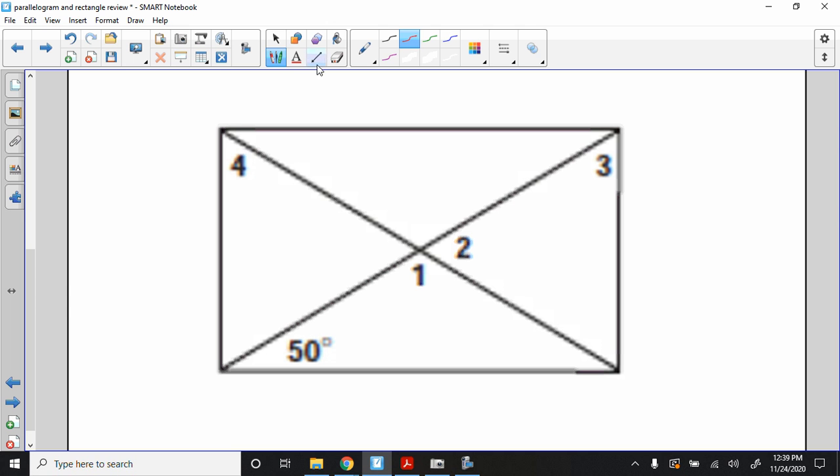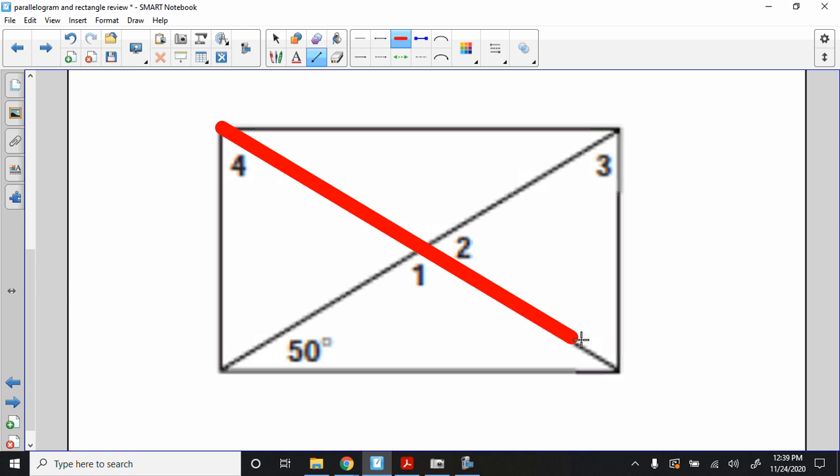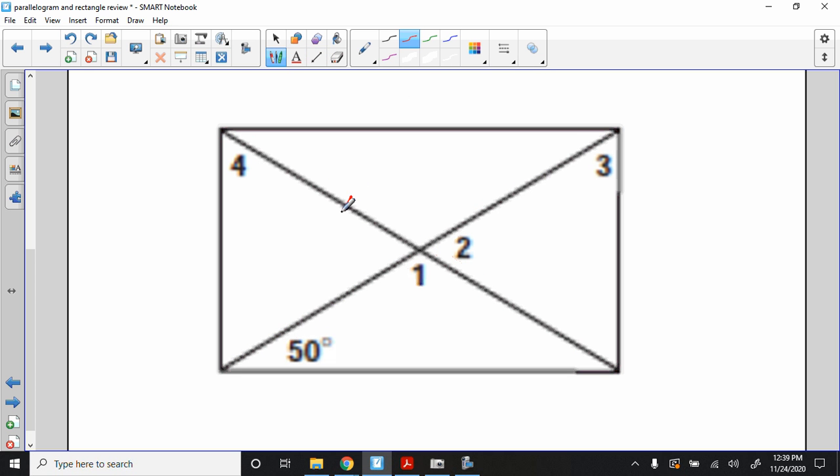All right, now I want you to know this. The diagonals in a rectangle are equal and cut each other in half. That's the difference between the rectangle and parallelogram. That's one difference. The diagonals are now equal and also cut each other in half. That means that all of these pieces are congruent. All these half pieces are congruent.